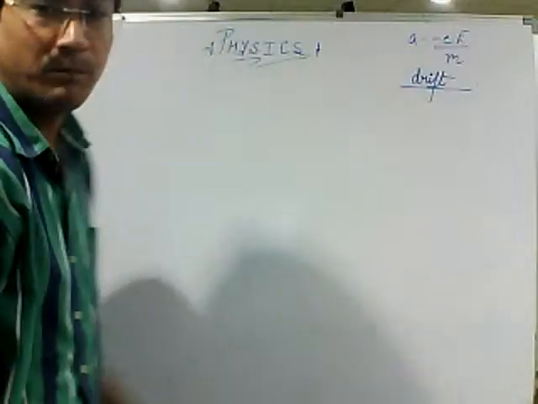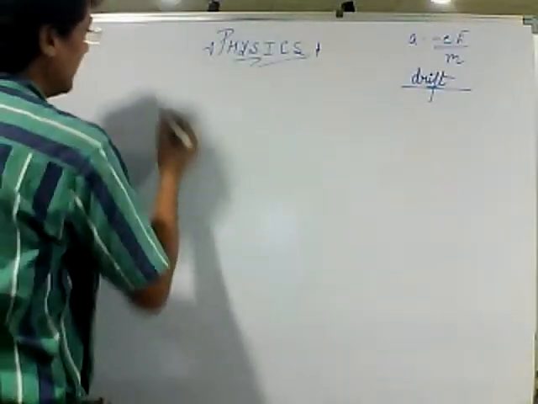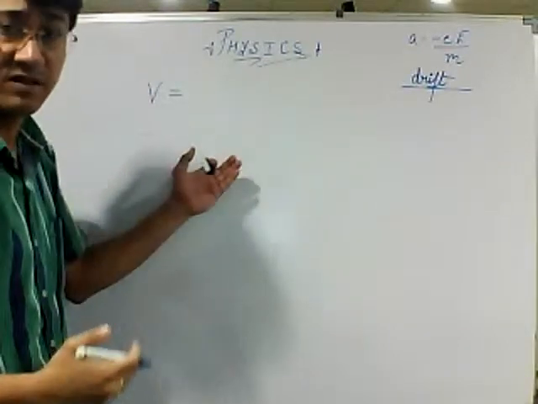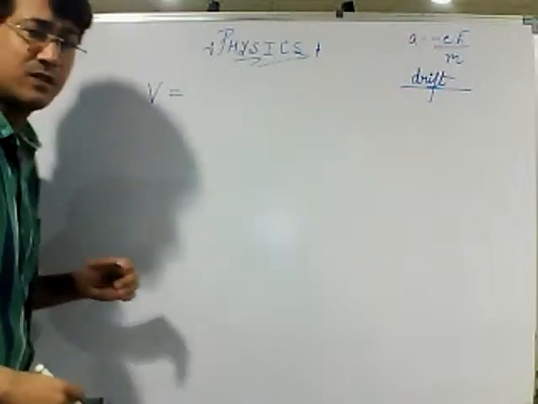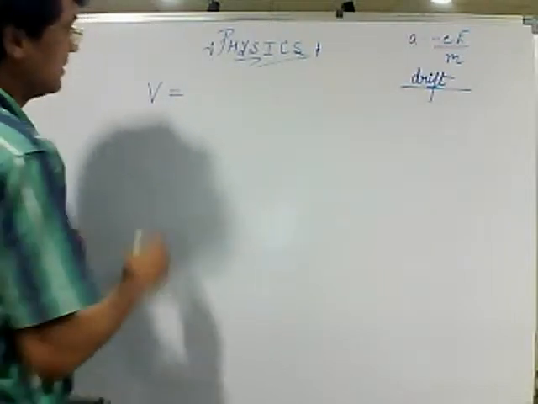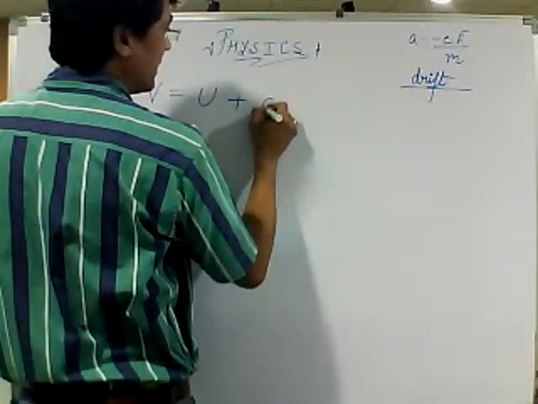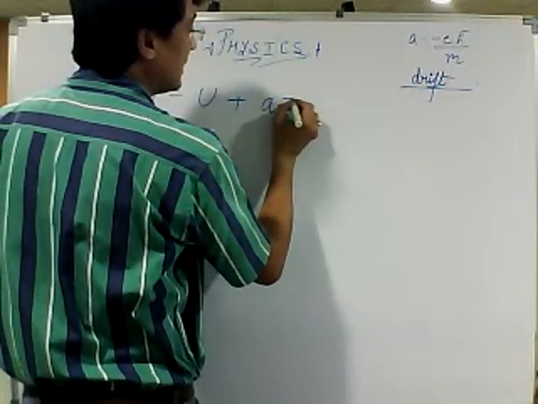So when you apply a battery or a source, they get a velocity v. Again, I'm taking the average. The average velocity v would be given by Newton's first equation of motion, u plus at. Over here we don't have t, we have relaxation time.